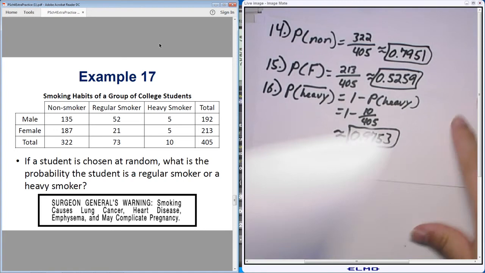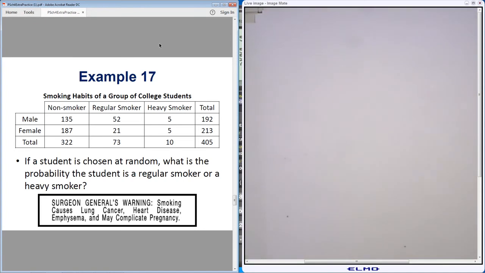Now let's take a look at number 17. It says, if a student is chosen at random, what's the probability the student is a regular smoker or a heavy smoker? Since I have the word or in there, I know this is going to be an addition rule problem. First find the probability of someone being a regular smoker. There are 73 out of 405 regular smokers.